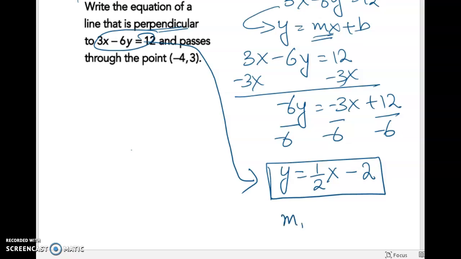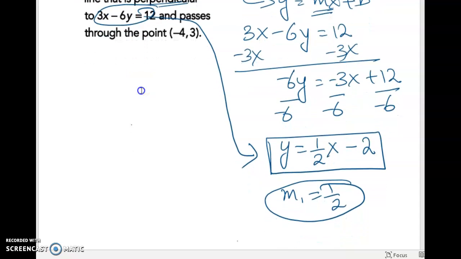So based on that, I can say slope is 1 half. Right? Now, if the slope is 1 half for the given line, what will be the slope of a perpendicular line? So slope of the perpendicular line, let's call it m2. How can I identify? I will change the sign first. It is positive in the first slope. It will become negative. And 1 half will flip. If I flip 1 half, it will be 2.